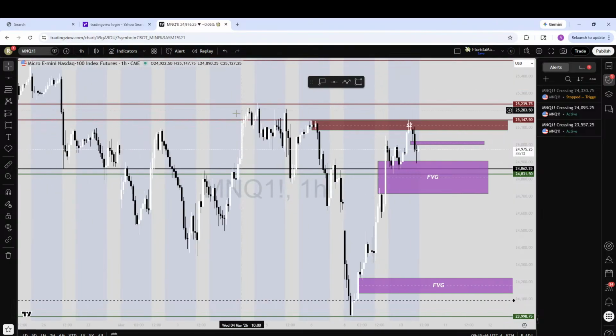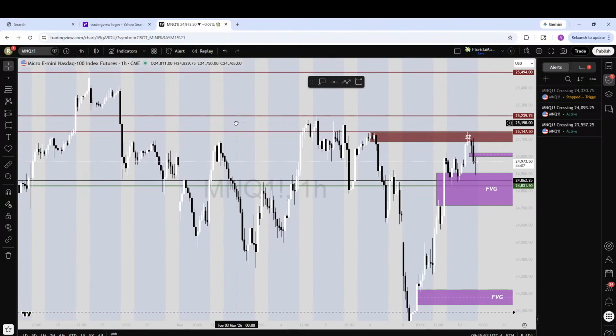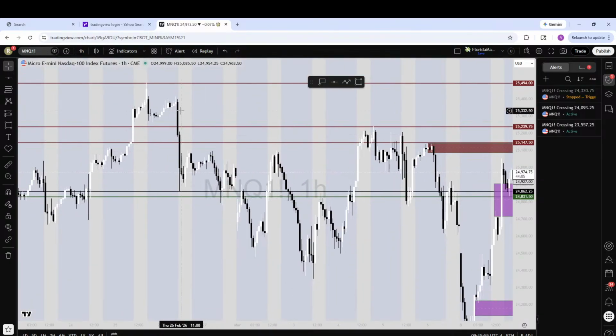That's a supply area. Of course, we have all this other resistance and this another area of supply. But here is a huge gap. This gap has been covered. Wait, hold on. Here, right here, a gap from here.